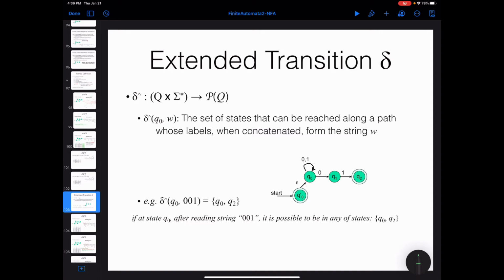The thing is, here when we are writing deltahat Q0, for example, or any state, doesn't really matter which state you put here, and a string, it just means that if you read this string starting from this state, where are you going to end up. And it can be more than one state, right? Because this is going to be an epsilon NFA. This is going to be a non-deterministic finite state machine.